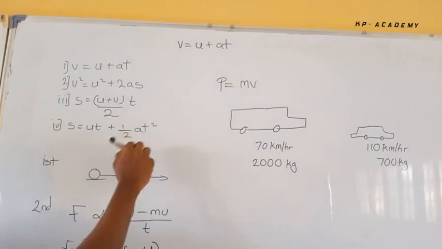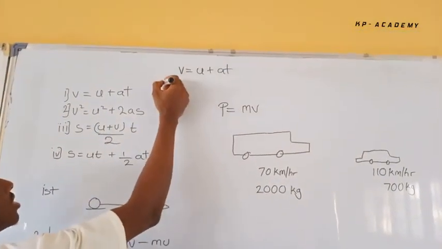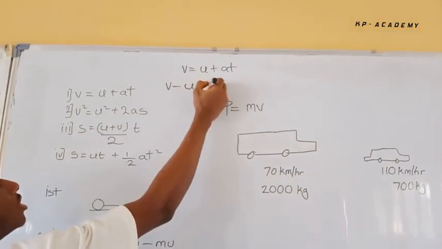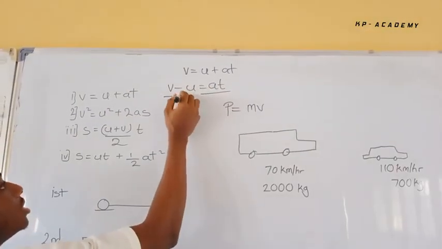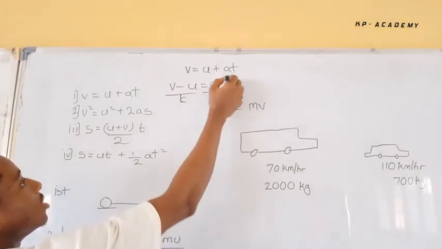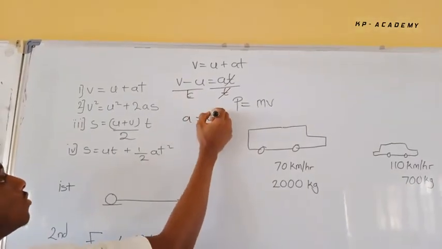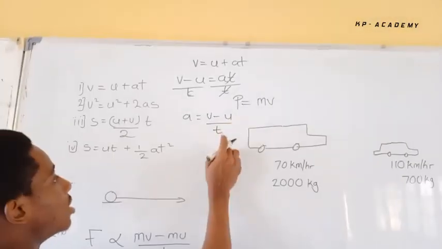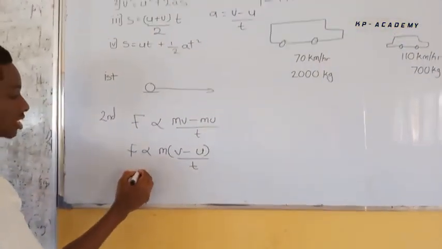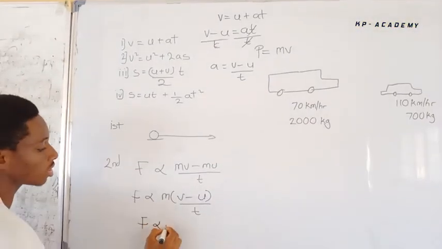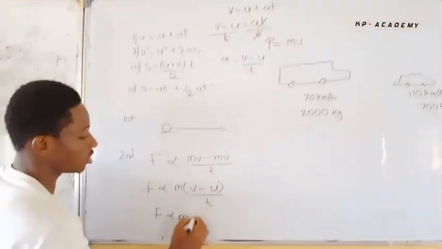Let's make a the subject of the formula. We take u over to this side, it becomes v minus u is equal to at. Dividing both sides by t, we get a is equal to v minus u over t. So we can say F is directly proportional to m times the acceleration a.